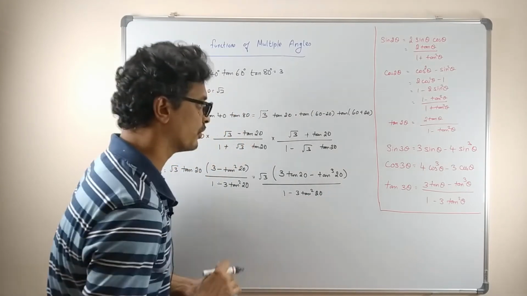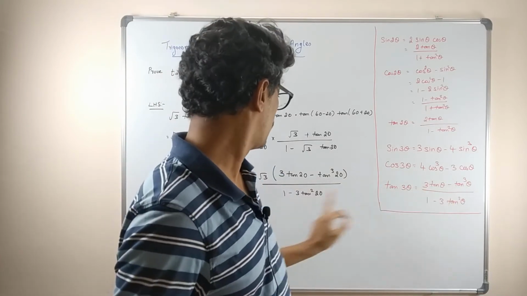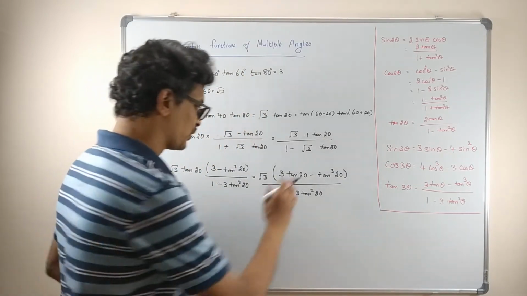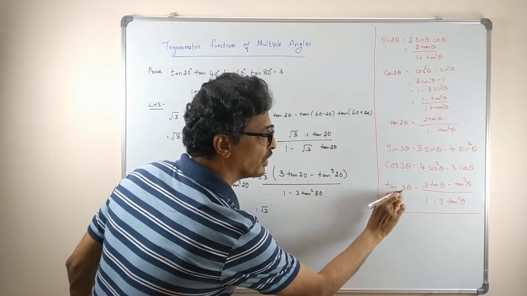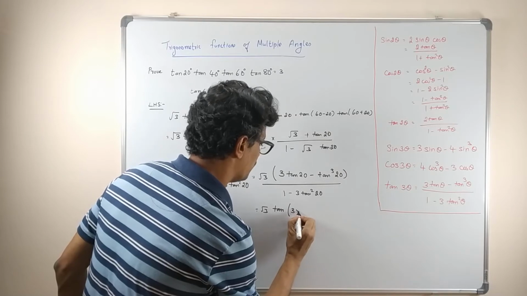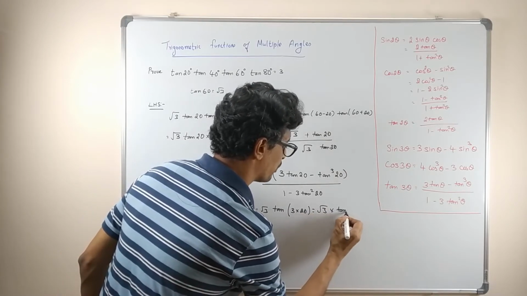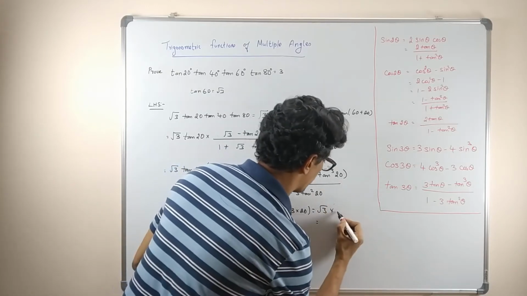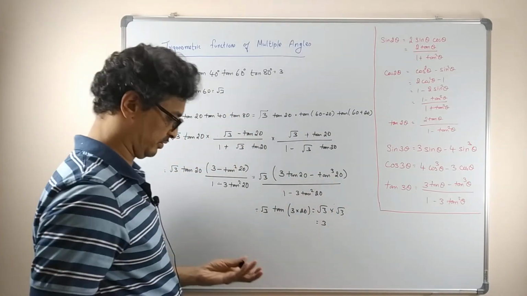I guess we got the formula: 3 tan theta minus tan cube theta divided by 1 minus 3 tan square theta, which is tan 3 theta. So this whole thing is root of 3 into tan 3 into 20, that is equal to root of 3 into tan 60, and this is root of 3. So root of 3 into root of 3 gives 3. Hence proved. Okay?